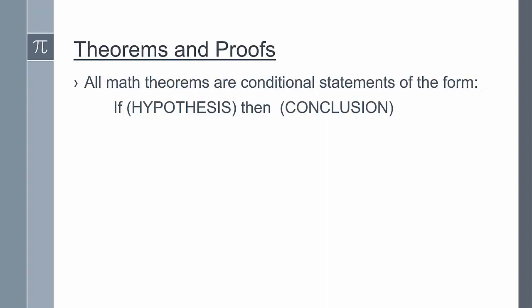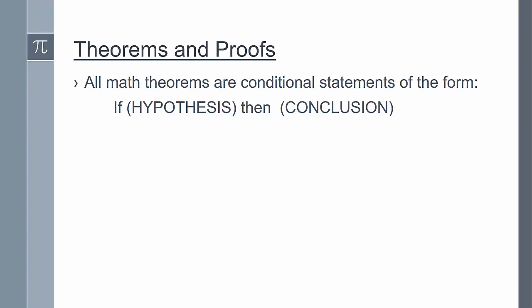So in all of mathematics, we are trying to prove theorems, and theorems are mathematical statements that are valid and hold under the given assumptions. When we think of mathematical theorems, we can write all math theorems as a conditional statement. That's an if-then statement.